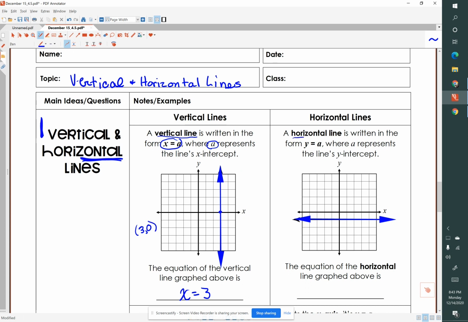Now, a horizontal line is written in the form of y equals a, where a represents the line's y-intercept right here. So the equation of the horizontal line you see there is y equals -1. And if we were to write that point there, it would be 0, because the x value is 0, -1.